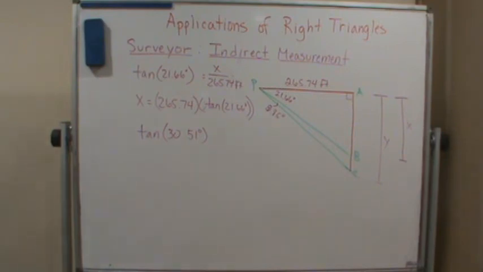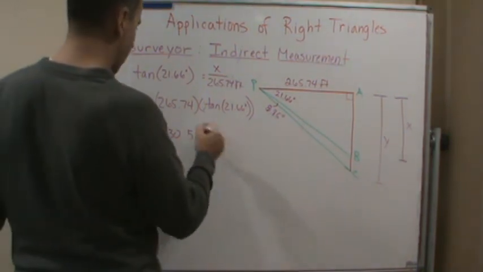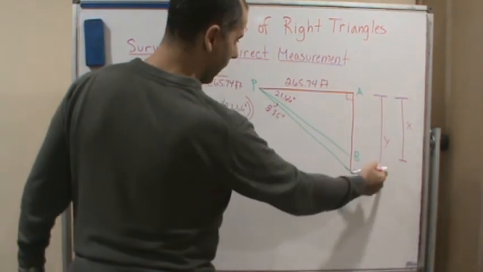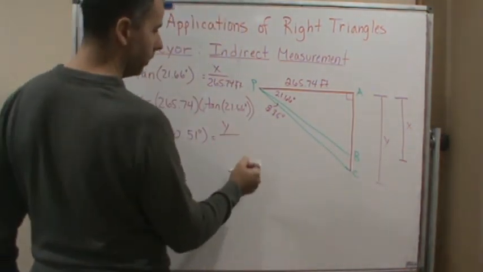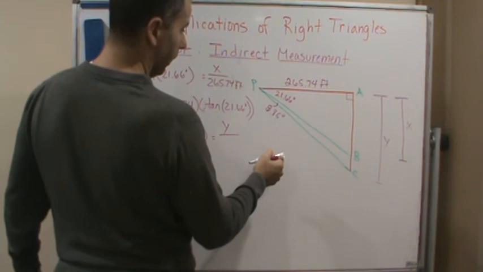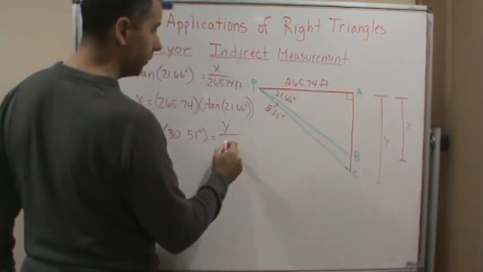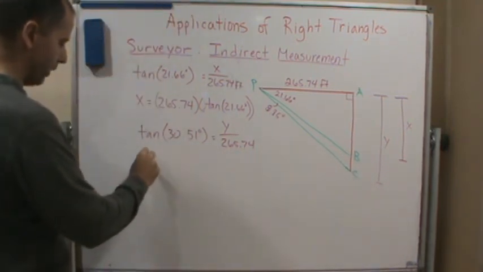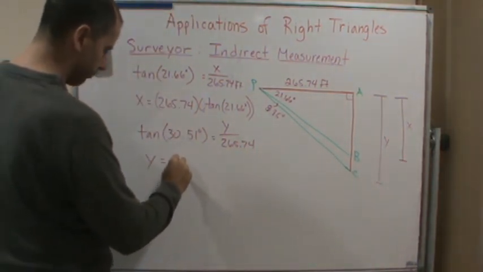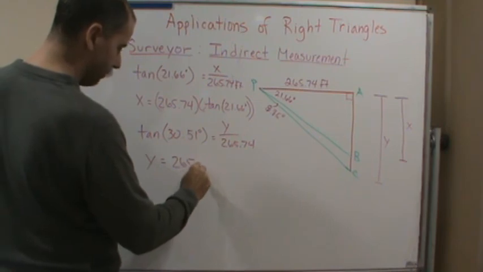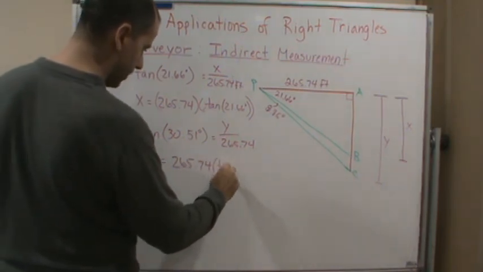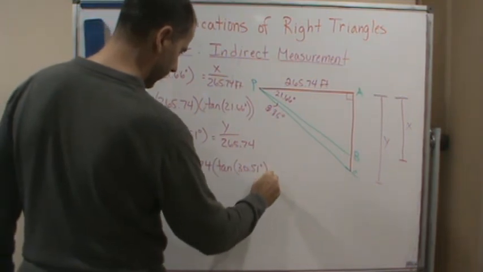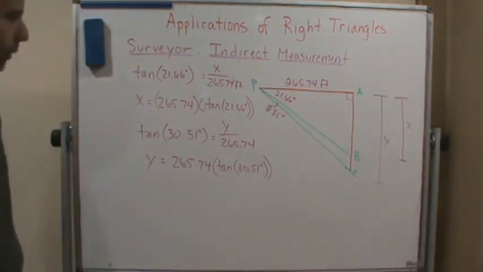Tangent of 30.51 degrees equals opposite over adjacent. This time opposite is Y, so it's Y over the same 265.74. And so now we get Y equals 265.74 times the tangent of 30.51 degrees. And now we want BC.